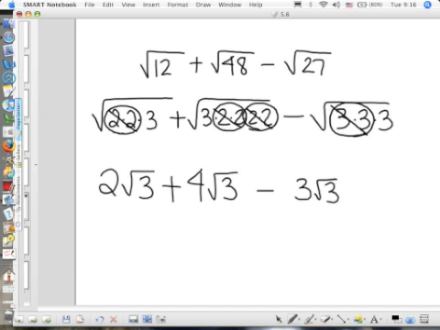Okay. Well, now look. Those are alike. They are all alike. They're all a square root of 3. The answer is going to have square root of 3 in it. What am I actually adding? 2, 4, and negative 3. 2 plus 4 is 6, minus 3 is 3. And that would be your final answer.